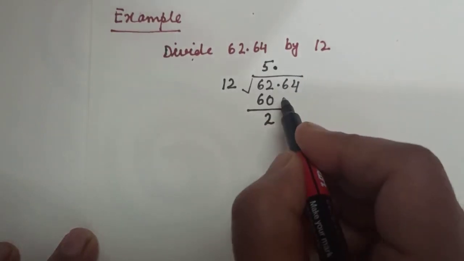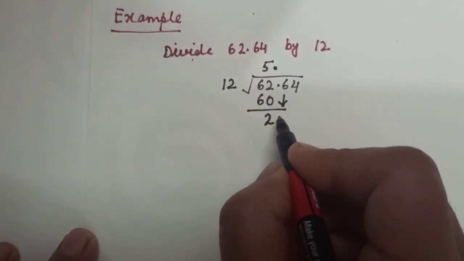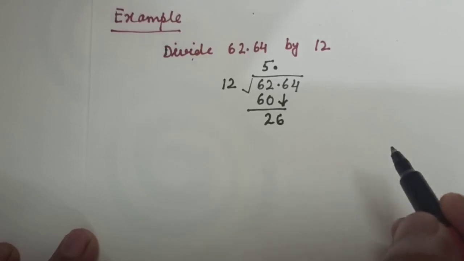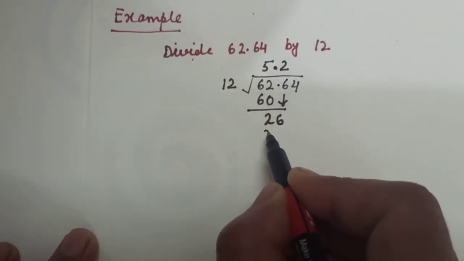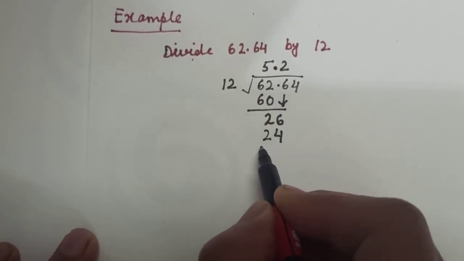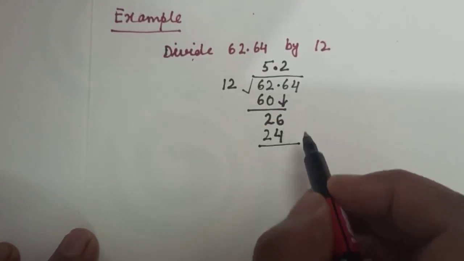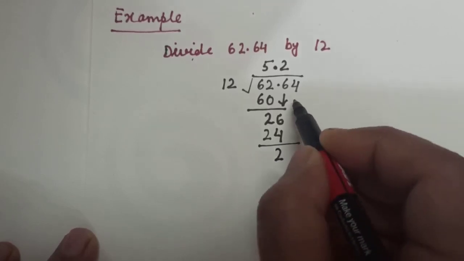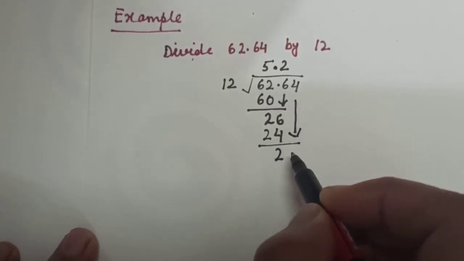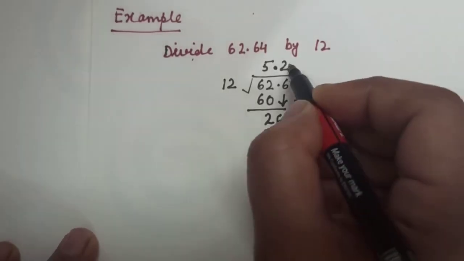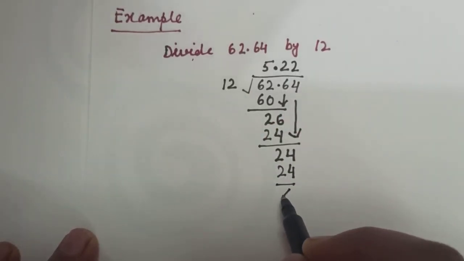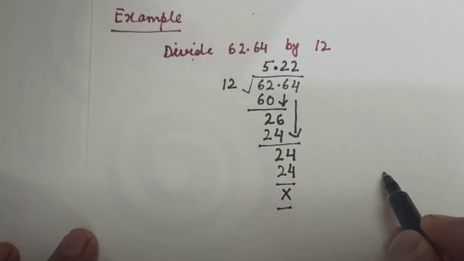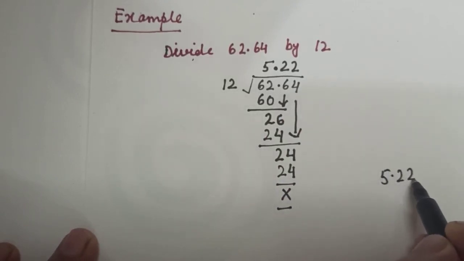Now we will bring the decimal part, that is 6, below here. Now 12 2s are 24. Again 2 is the remainder. We will bring this 2 down. 12 2s are 24. So we get the answer as 5.22.